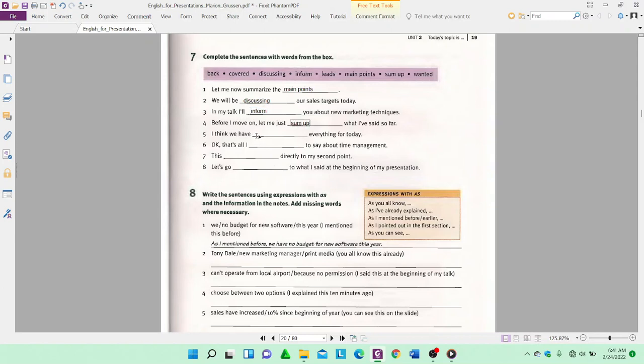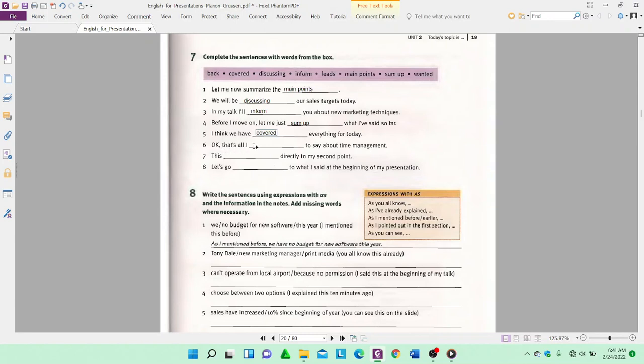Number 5. I think we have blank everything for today. We have what? It should be covered. I think we have covered everything for today. Number 6.